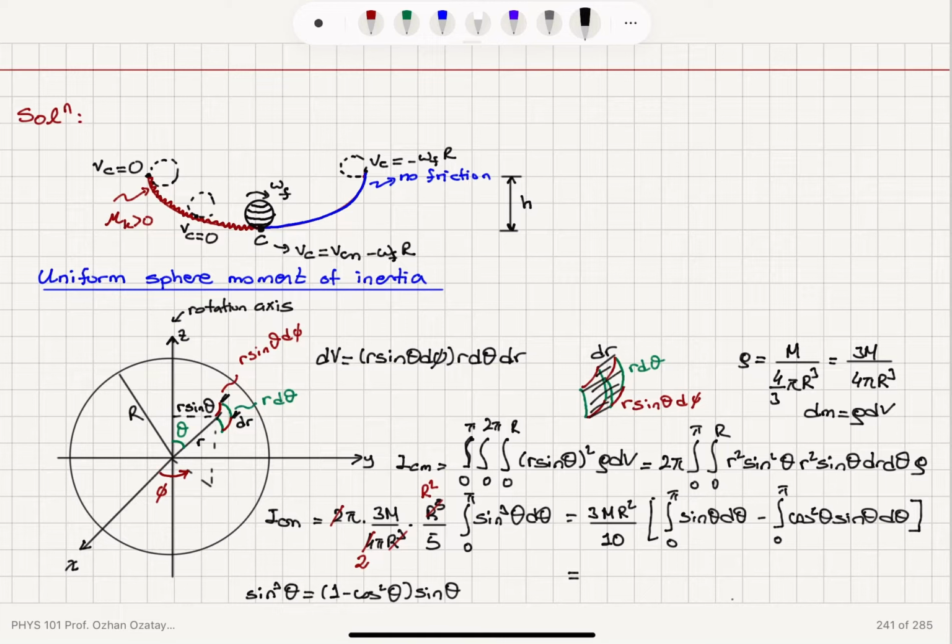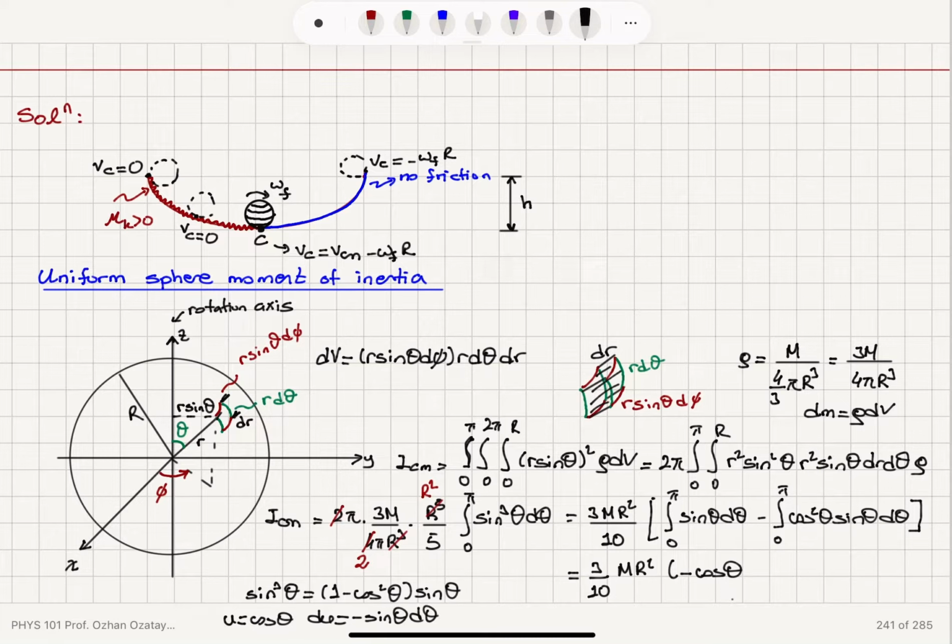Now this will give me 3 over 10 m r squared. The integral of sine theta d theta is minus cosine theta, so I obtain minus cosine theta here. And the integral of cosine squared theta sine theta d theta, if you call u as cosine theta, you will see that du is minus sine theta d theta.